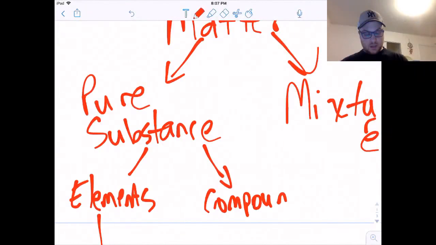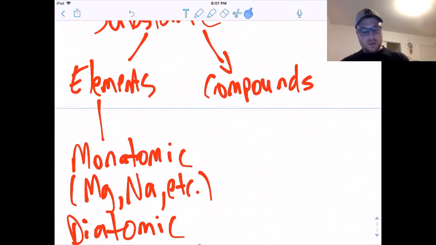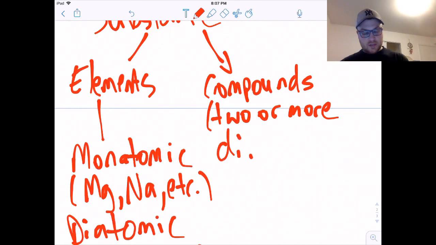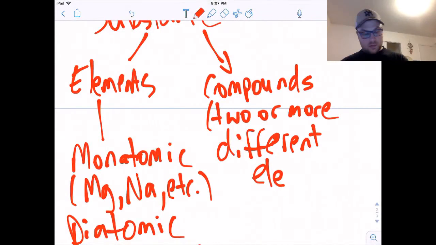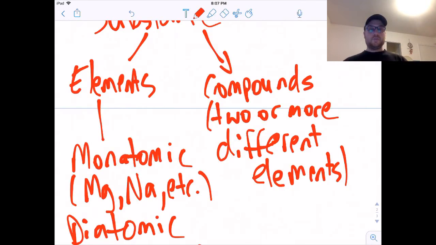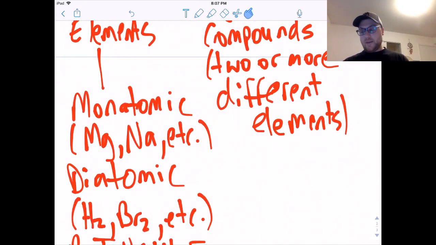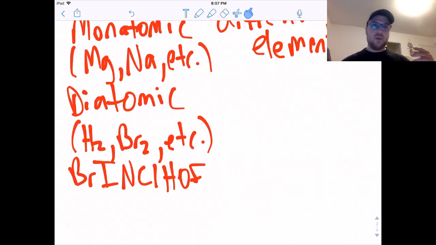And I'll break down mixtures on the bottom somewhere because I'm going to run out of room. Your compounds are just two or more different elements. All right, so we've been working with compounds so much this whole year.